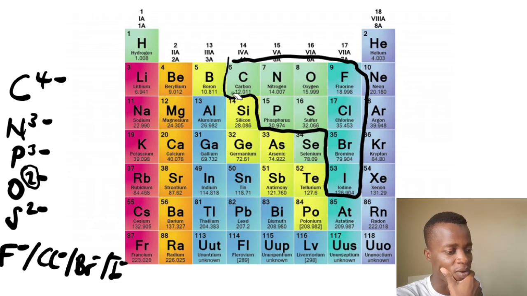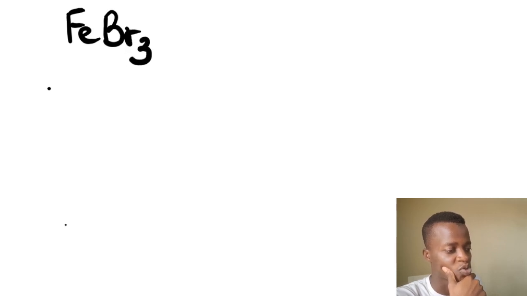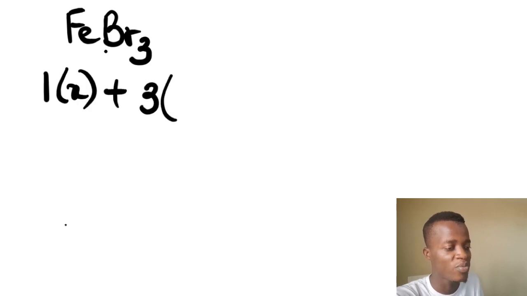Which elements should I combine now? Okay, let me give you something like FeBr3. So it's going to be 1 times x, plus the frequency 3. And bromine is in group 7.